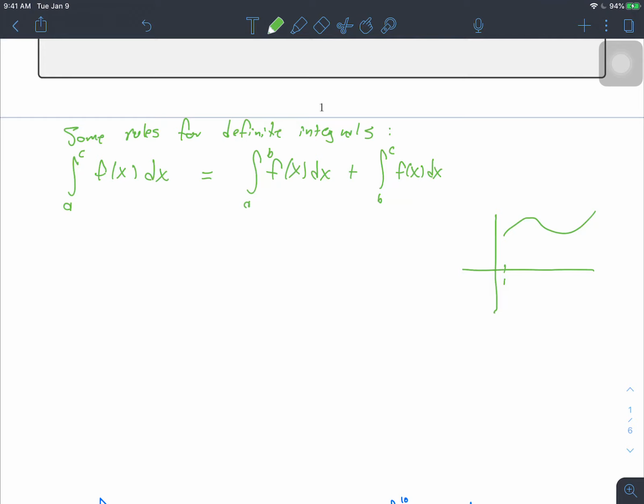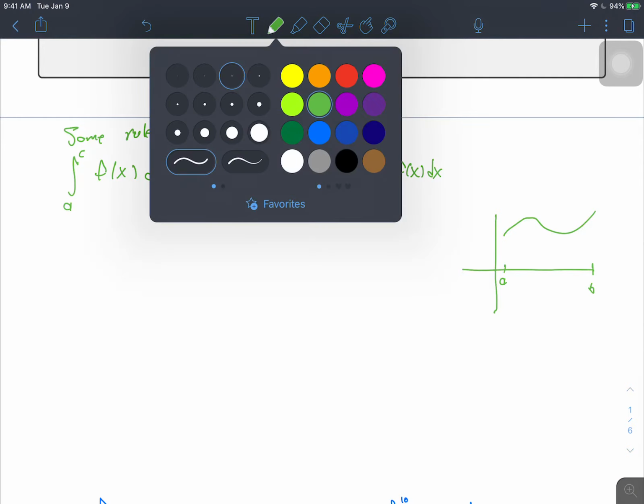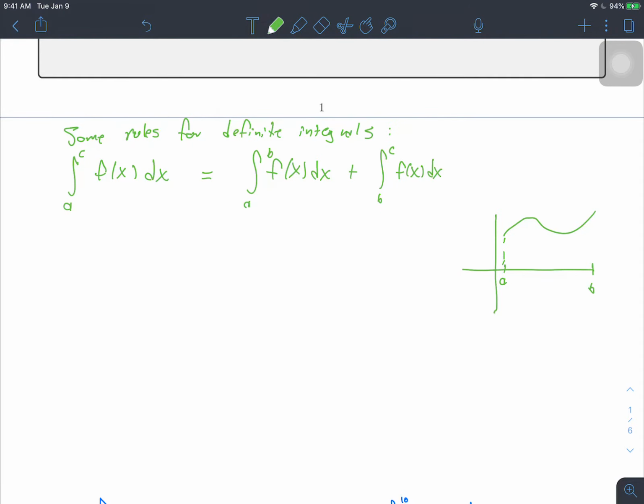if I have a here and b here, then this area, which is shaded in green, this should have been c on the right hand side, sorry, c, and then b is somewhere in between.